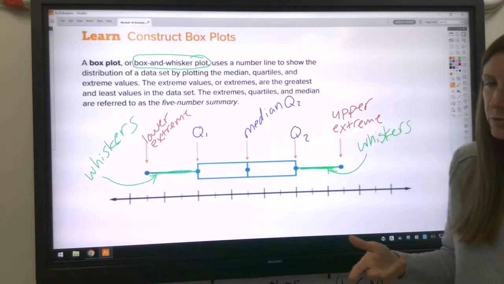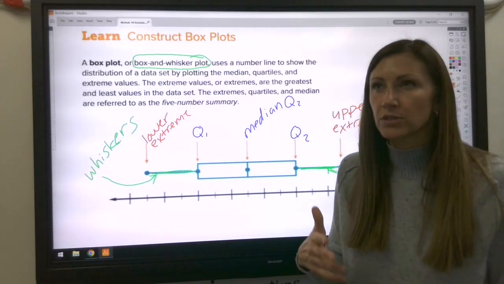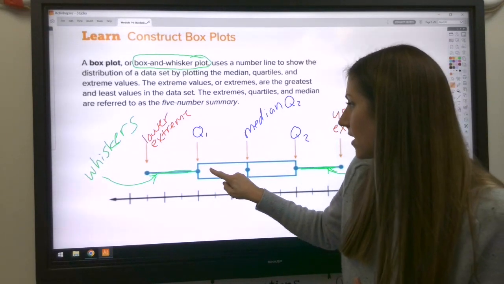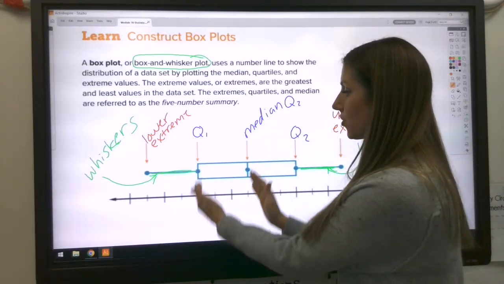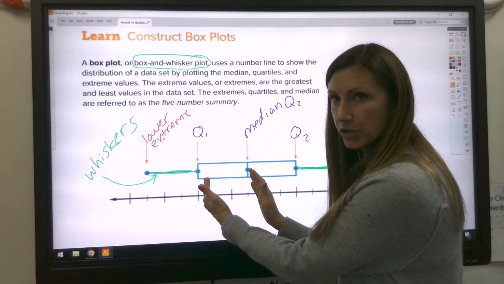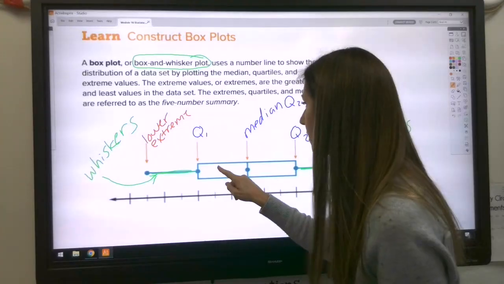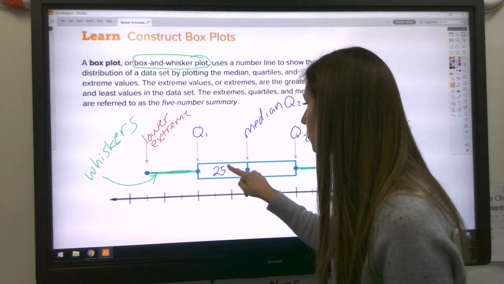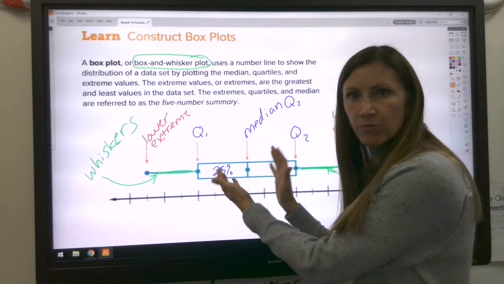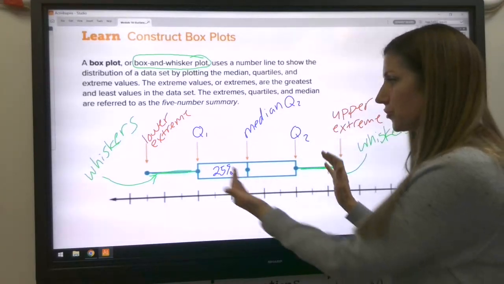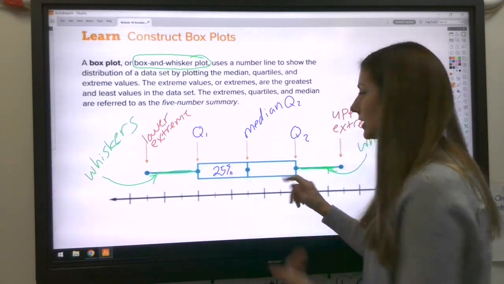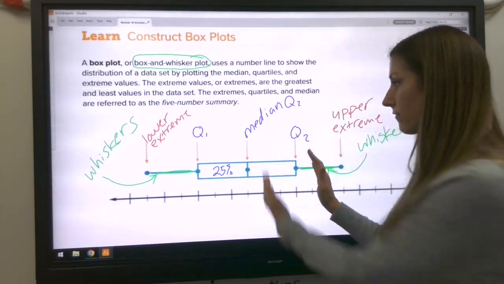Now going back to those percentages, this is where you can start analyzing your data more. If a piece of data fell within this value, the median and the quartile 1, you're in a 25% range of being in the middle, right? You're kind of close to the median. And then same thing for the other side.